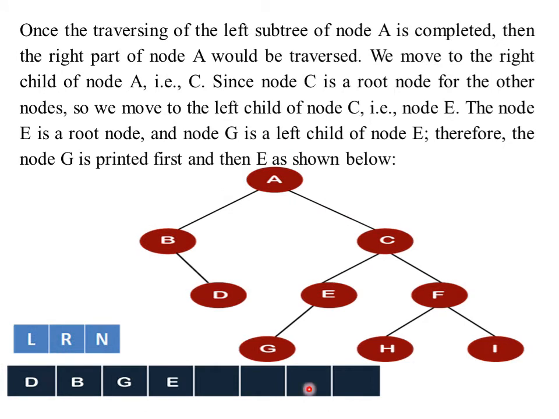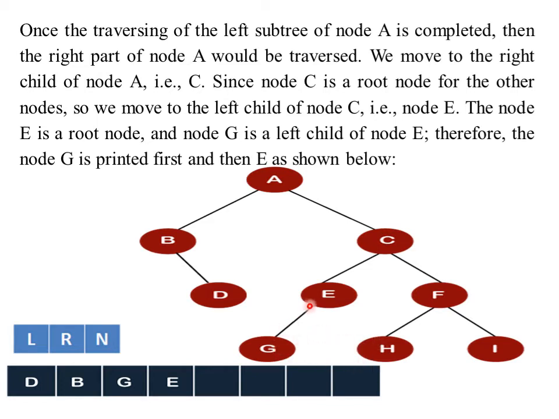Sorry, before C, it is having a subtree. C is having two subnodes, that is E and F. E has another subnode, the left child G, and for E there is no right child, therefore G is printed.